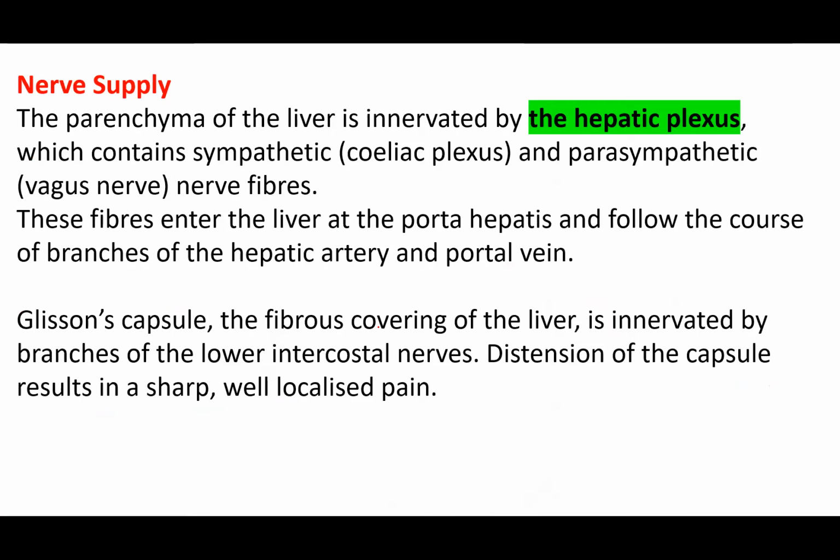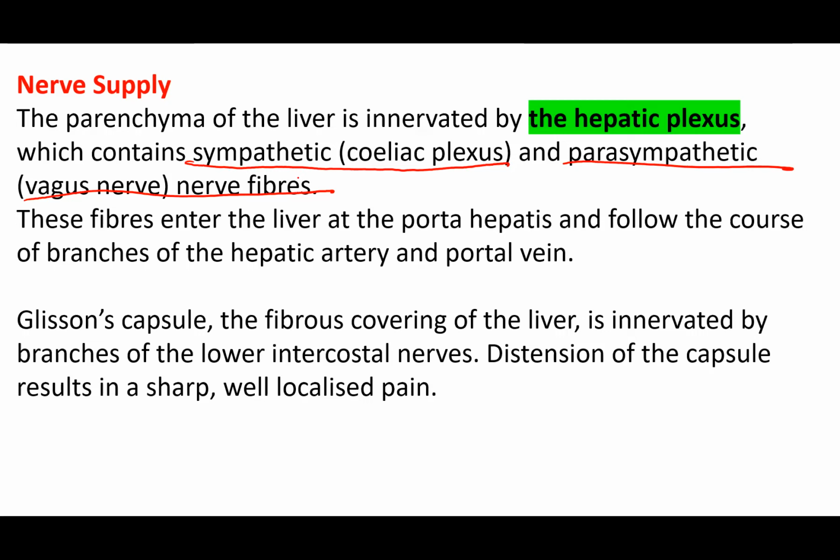Nerve supply. The parenchyma of the liver is innervated by the hepatic plexus, which contains the sympathetic celiac plexus and parasympathetic vagus nerve. So the autonomic system supplies the liver. The sympathetic component is from the celiac plexus, and the parasympathetic component is from the vagus nerve.